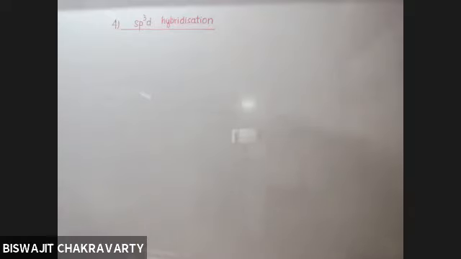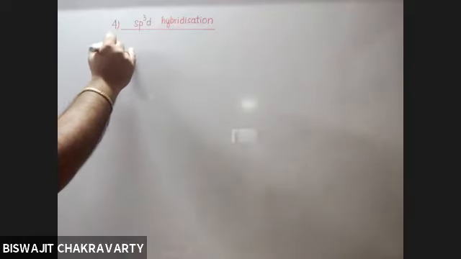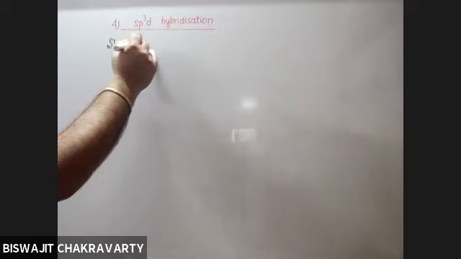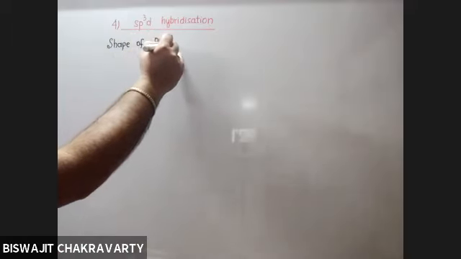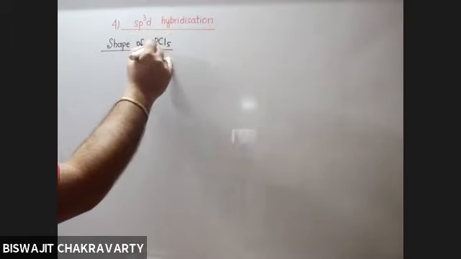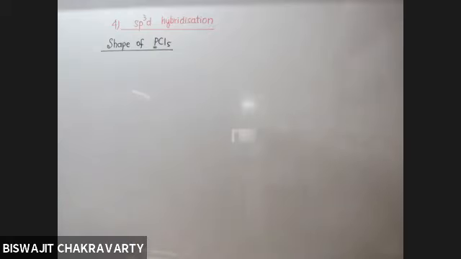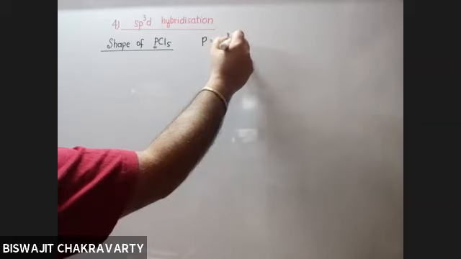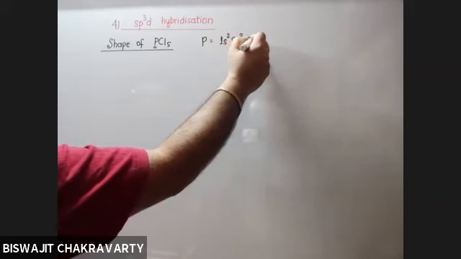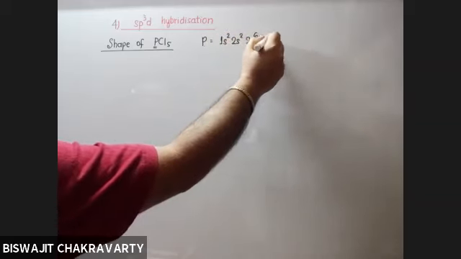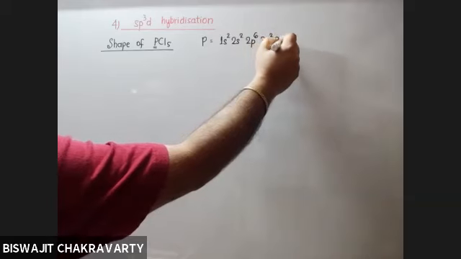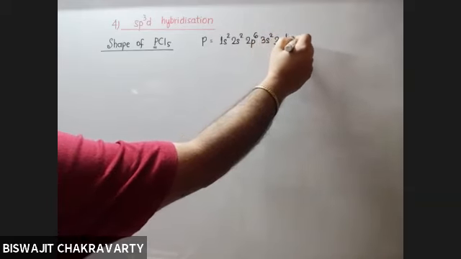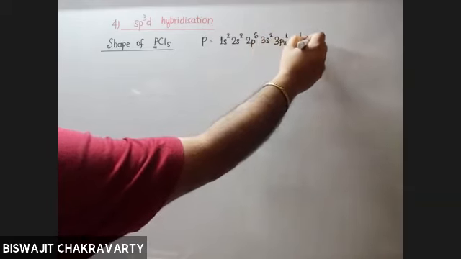So let us try to understand the shape of PCl5, where P is the central atom. If you look at the electronic configuration of phosphorus, it is 1s2, 2s2, 2p6, 3s2, 3px1, 3py1, 3pz1.